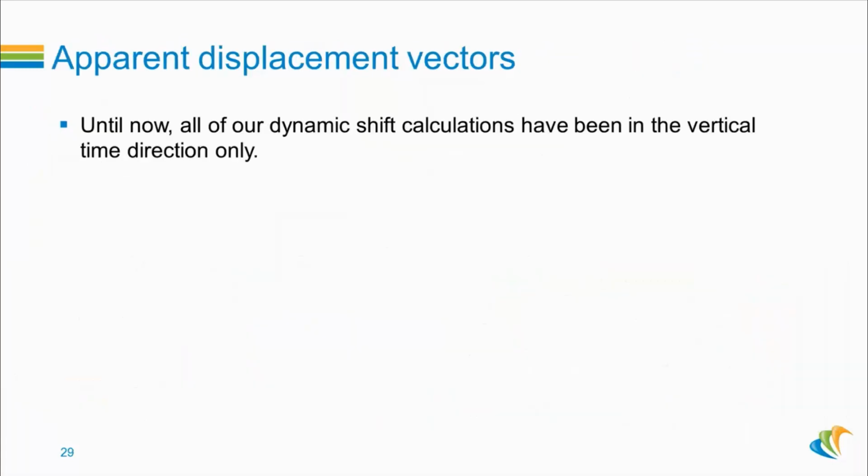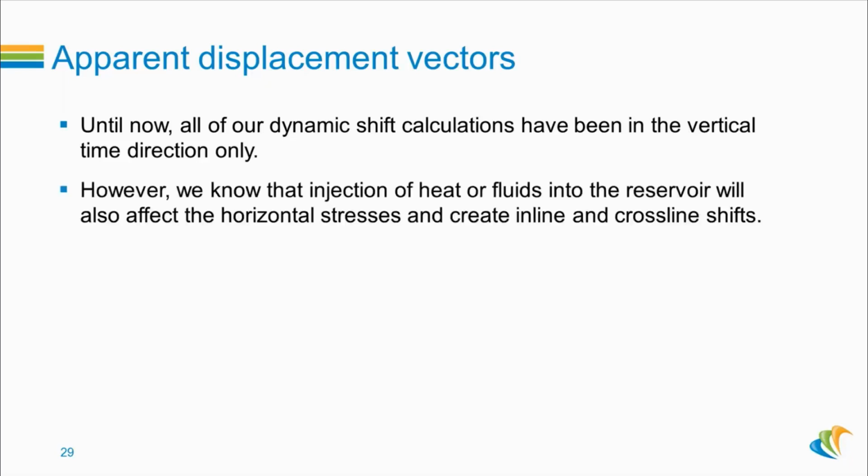So until now, all of our dynamic time shift calculations have been in the vertical time direction, or you could say depth. However, we do know that the injection of heat or fluids into the reservoir will also affect the horizontal stresses and create inline and cross-line shifts.